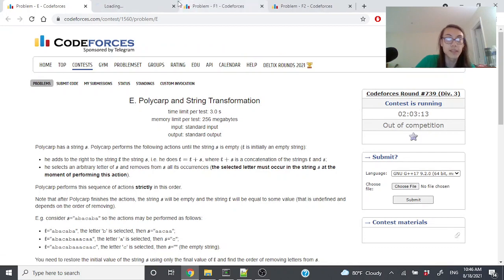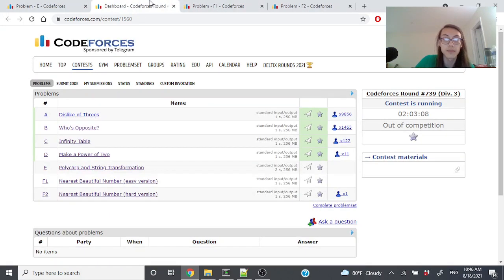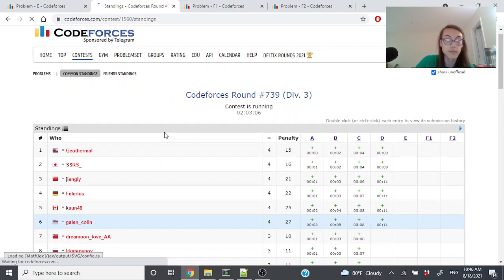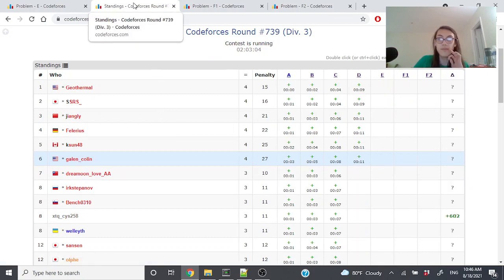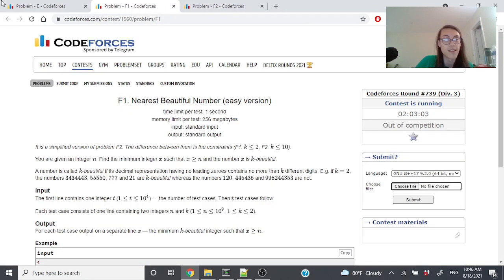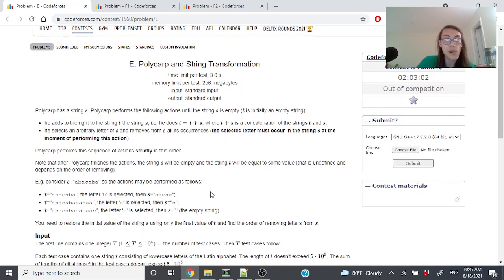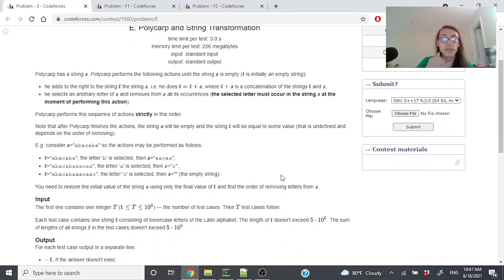Let's see. Is F1 easier by any chance? Sometimes that happens. Okay. Following actions until the string s is empty.